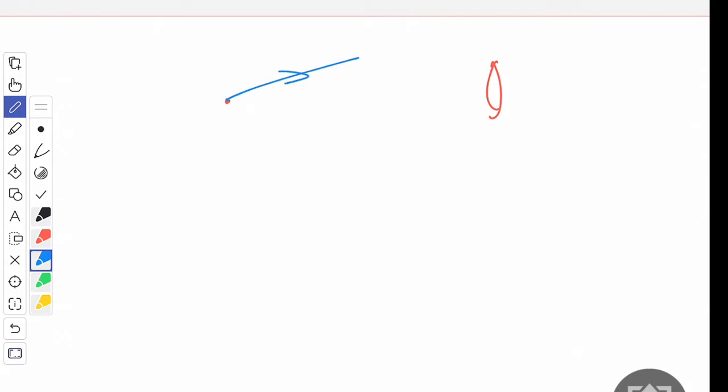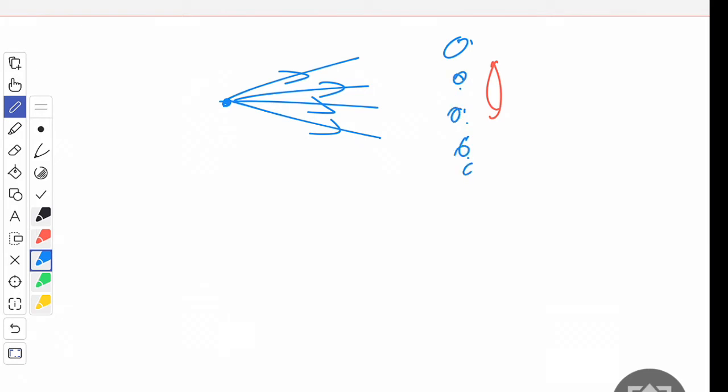Fundamentally, how many rays are emitted from here? Infinite number, right? There are infinite number of rays which are emitted by any object. That is why anybody at any of these positions can see the object.